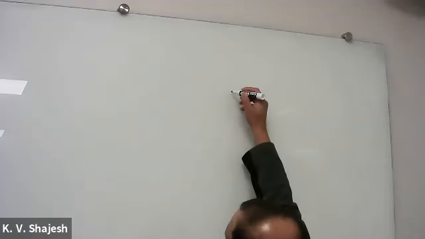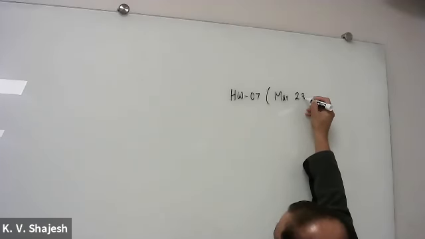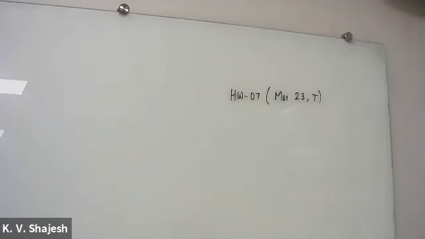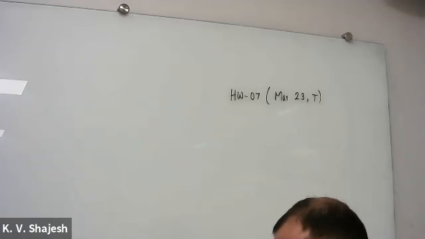Okay. So we have a homework. Yes, homework number 7 on 23rd, which is a Tuesday. I think we got behind by a lecture, so we lost some time, and we had more time on the graduate work.